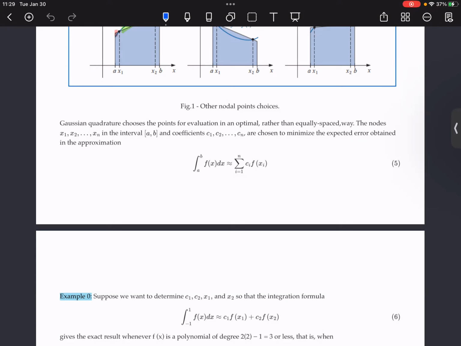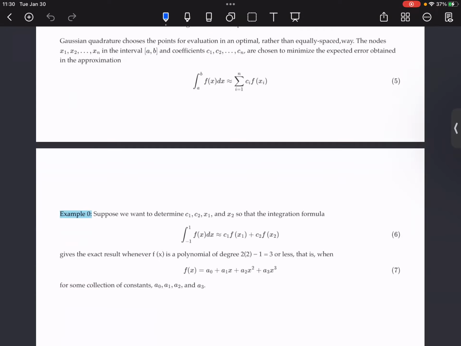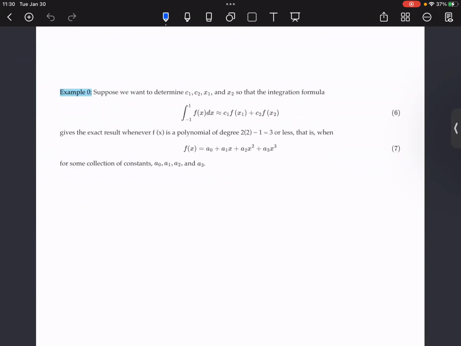So now we have 4 variables to determine: C1, x1, C2, x2. These are the coefficients, and these are the nodal points between -1 and 1. We need to decide the values of these such that this is a valid formula.